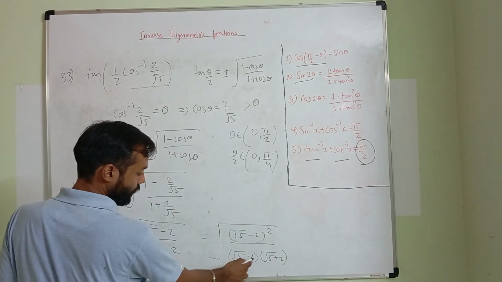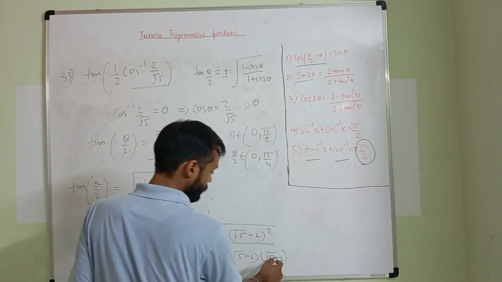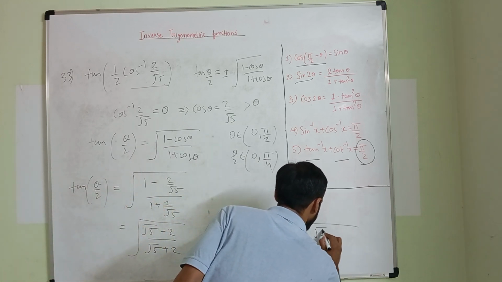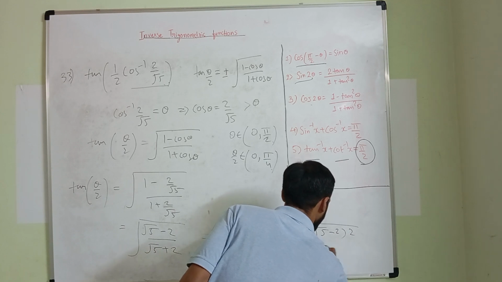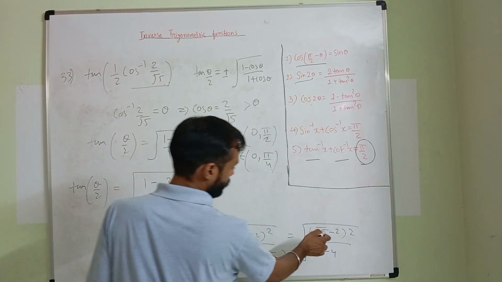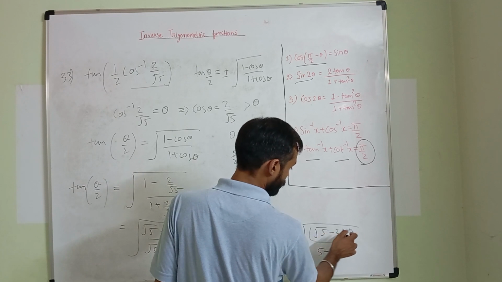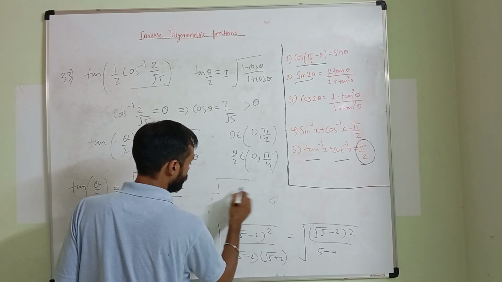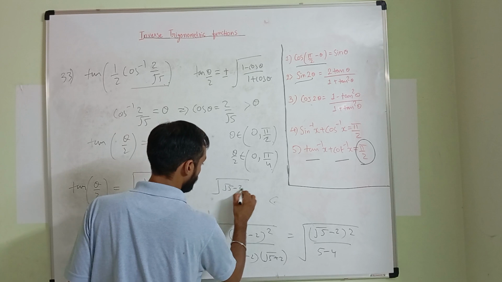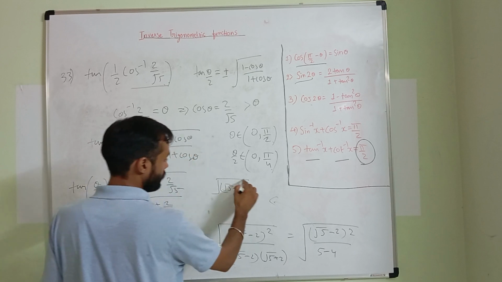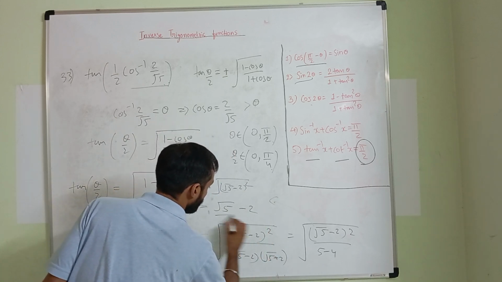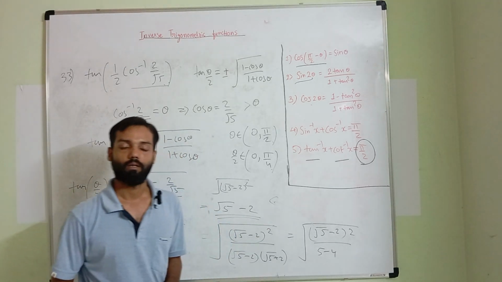So it will be 5 minus 4, that is 1. So finally we get under root of under root 5 minus 2 whole square. So this square and under root will be cancelled, hence our final value will be under root 5 minus 2, which is our required solution.